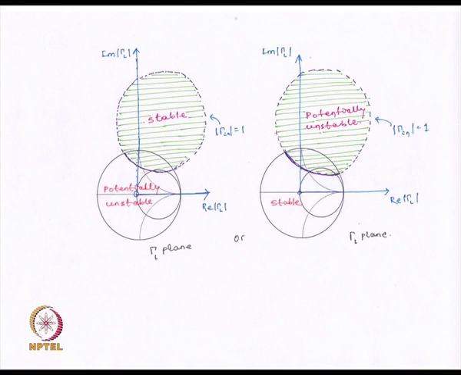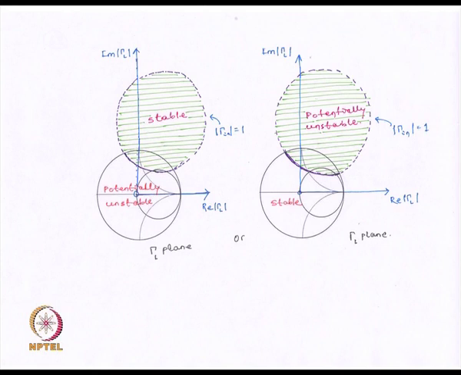Once again, if modulus of S11 is greater than 1, then the outside of this circle is the potentially unstable region, because the value of gamma in at the origin, that is S11 modulus itself, is greater than 1. Hence, the origin point must lie in the potentially unstable region. If the origin lies outside the stability circle, then every point outside the stability circle is potentially unstable.